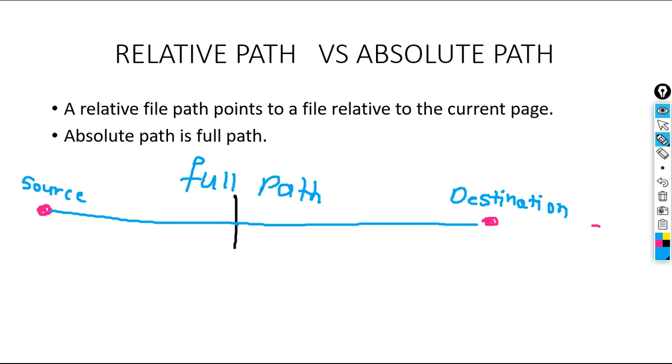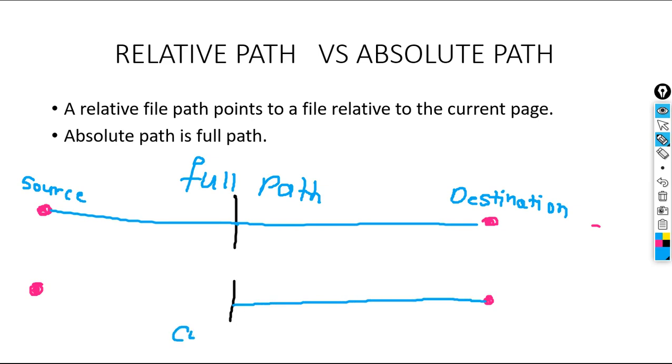Then what is relative path? That we need to understand. Suppose this is source, this is destination. Currently you are here and you are mentioning the path from current location to destination.